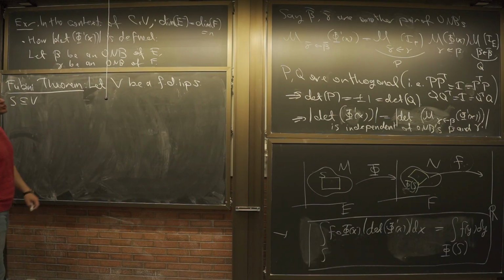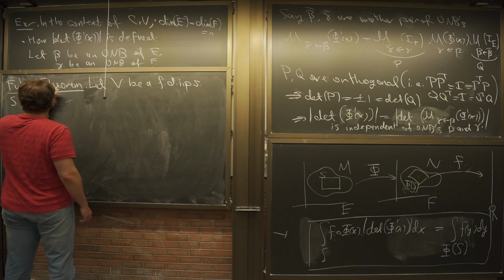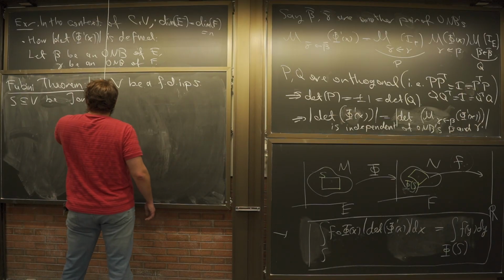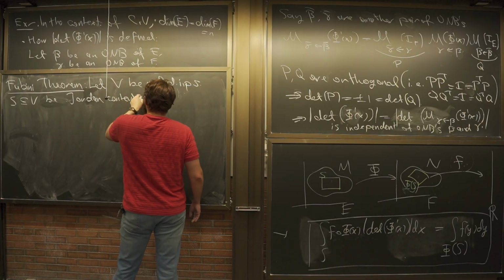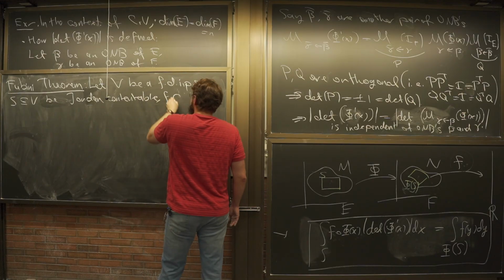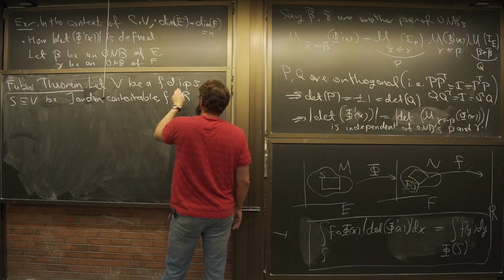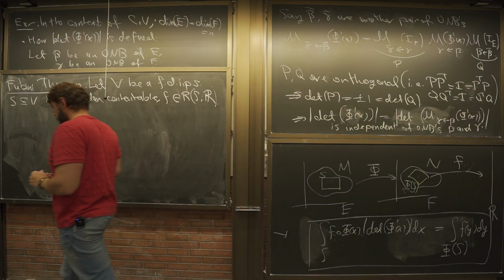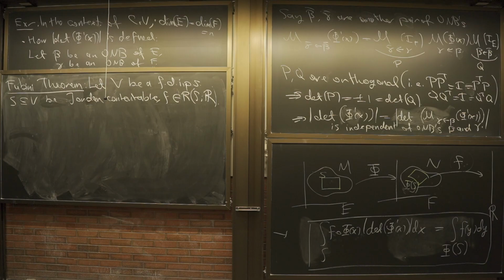Let S be Jordan contentable, and let f be a Riemann integrable function defined on S, taking real values. I want to assume that V is of the form V1 times V2. I want to have a predetermined horizontal component and a vertical component. If you want, you can pretend that V is just R2, and I have the horizontal axis and the vertical axis. It doesn't matter.